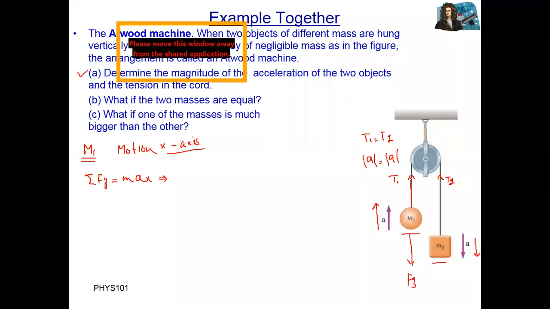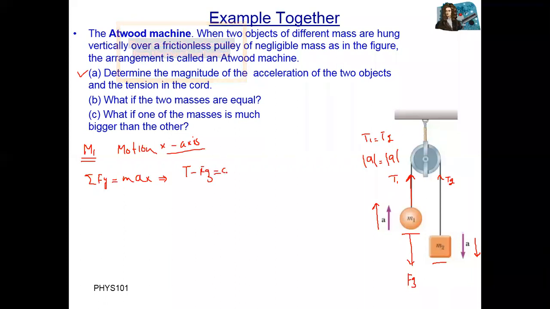The second force is upward, the tension in the string. This body is moving upward, which means tension is greater than the gravitational force. So T minus Fg is equal to m times a.